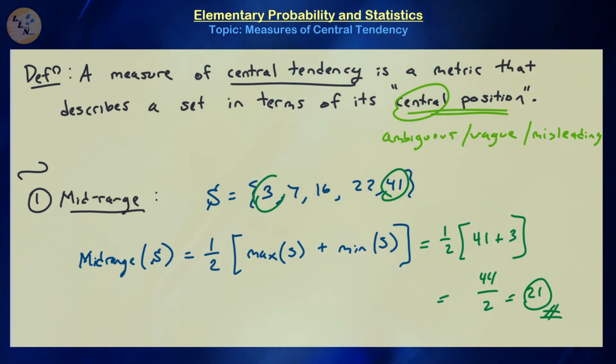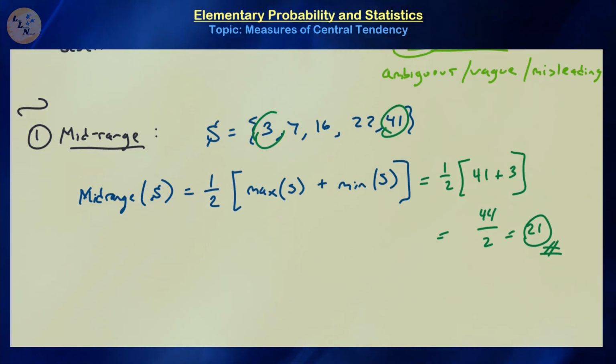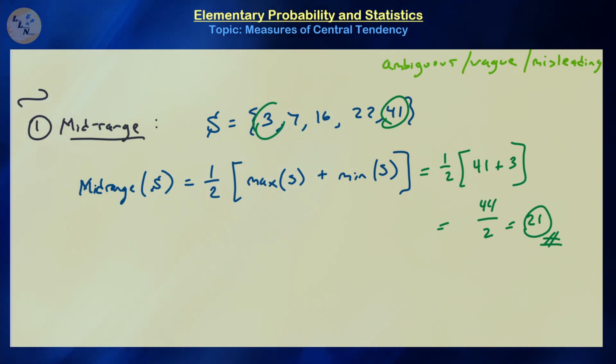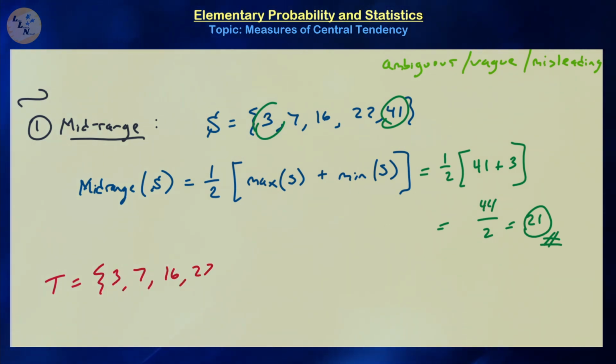Now, of course, it's very easy to compute, no doubt about that, but there are a couple downsides to the mid-range. For example, let's assume I have another set T that's practically the same thing, say 3, 7, 16, 22, 41, and I don't know, 1003.